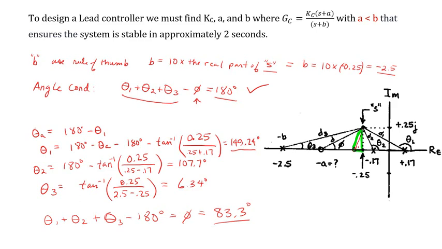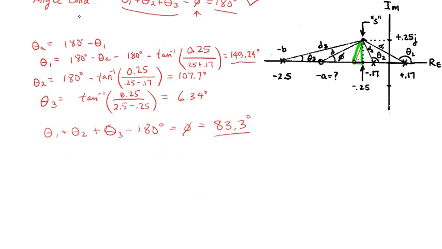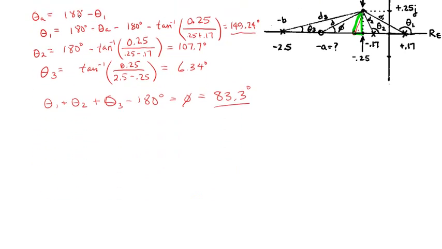So we can use a tangent formula to find the value of A. I'm just going to move this up a little bit. So this value here to here, we're going to call that x. That's going to be the adjacent side. Remember, a tangent of phi is opposite over adjacent.